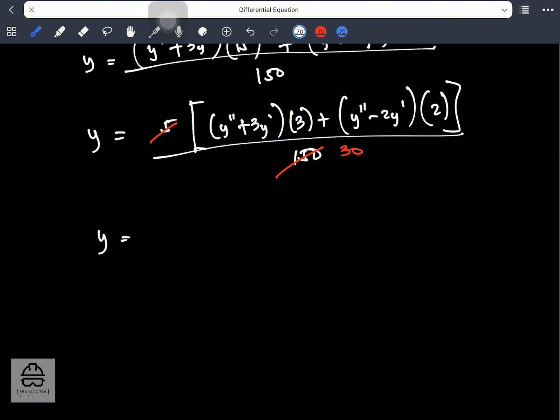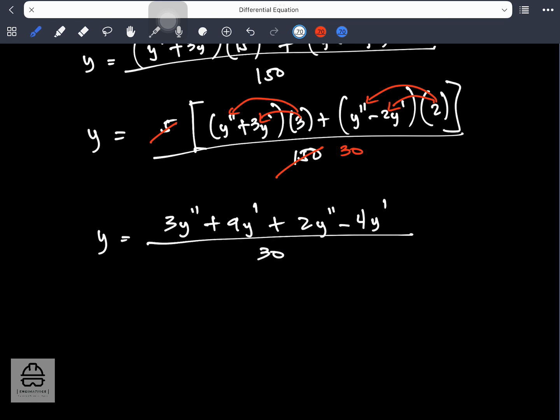So y equals, distribute this inside the parentheses: 3y prime plus 9y prime plus 2 times y prime and 2 times negative 2y prime, that would be 2y prime minus 4y prime, divided by 30.